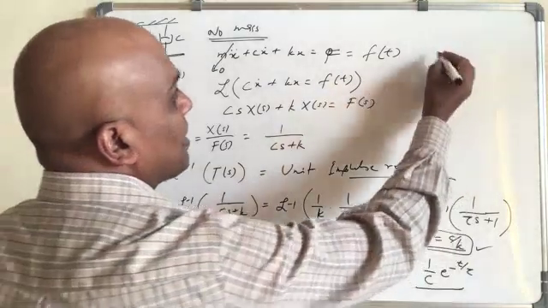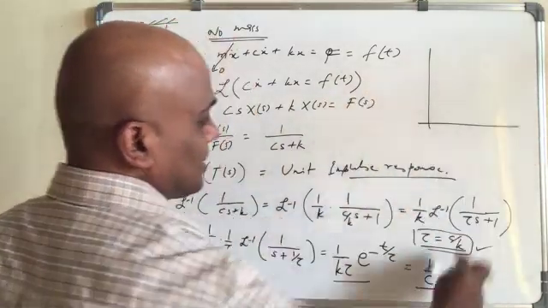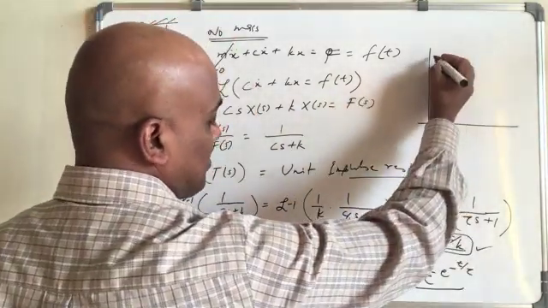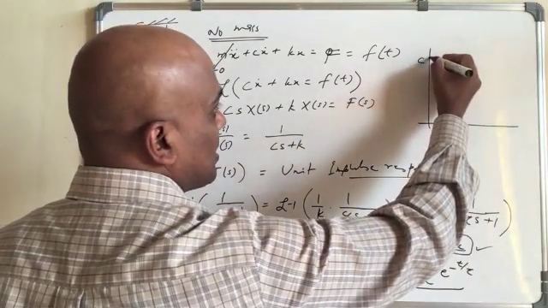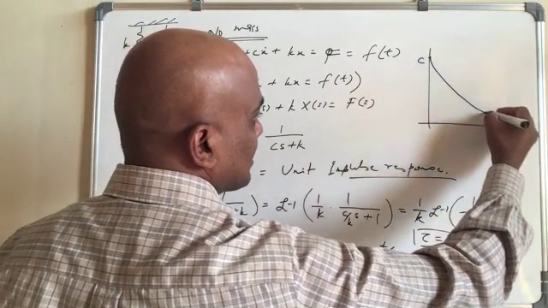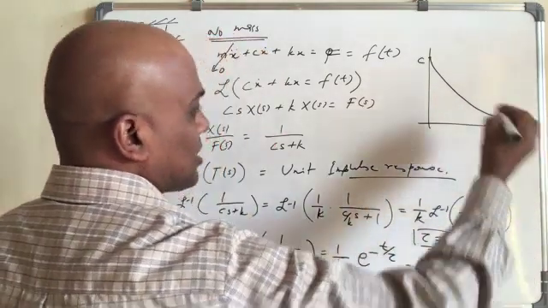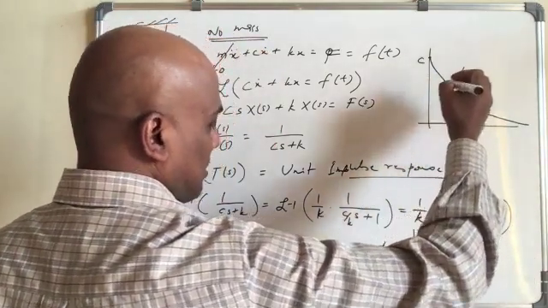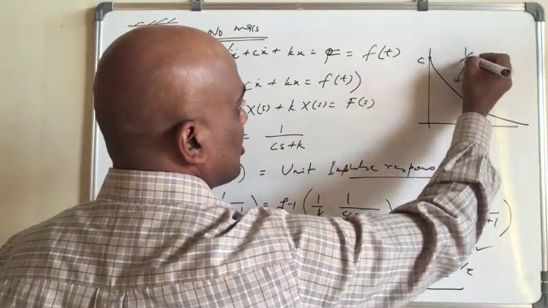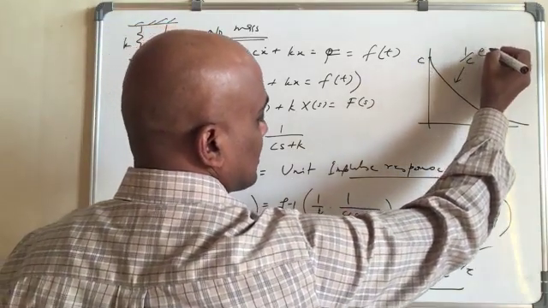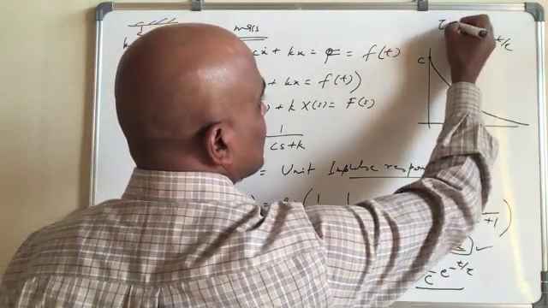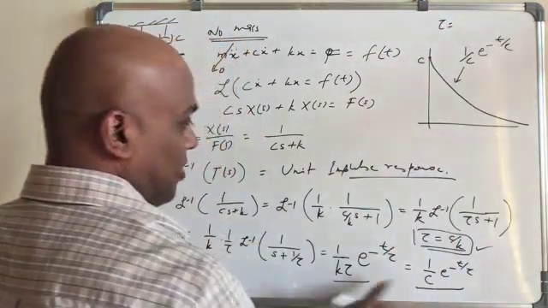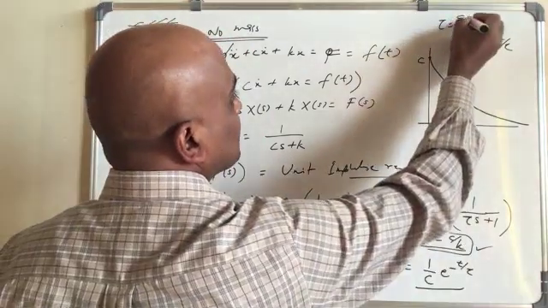If you plot this, it looks something like this. The starting value here will be c, and from here it will go down like this. So this is 1 over c e to the power minus t over tau, where tau is equal to c over k.